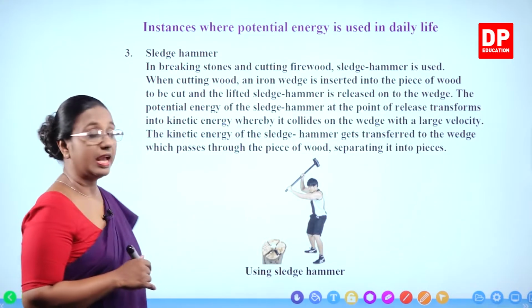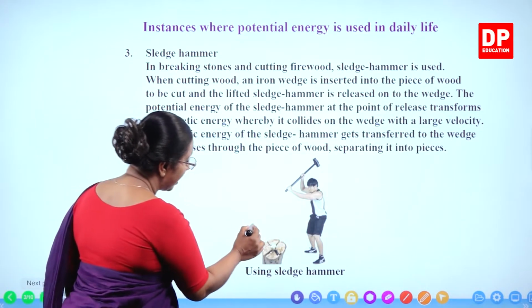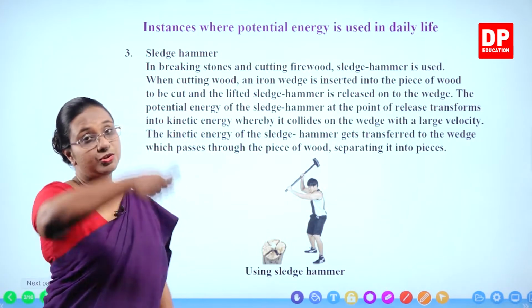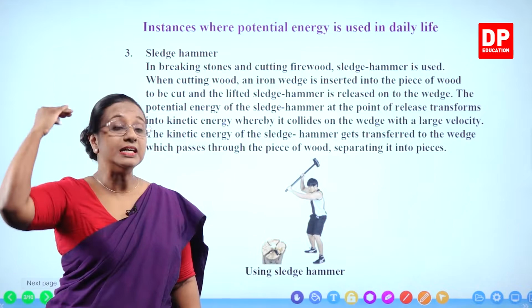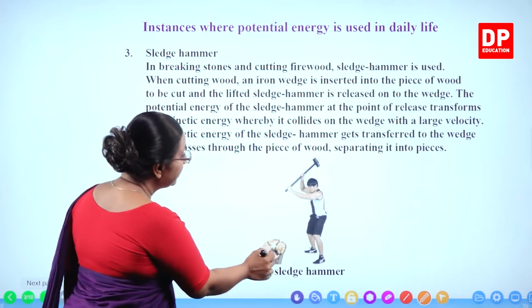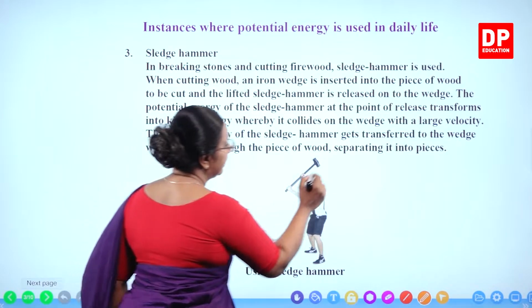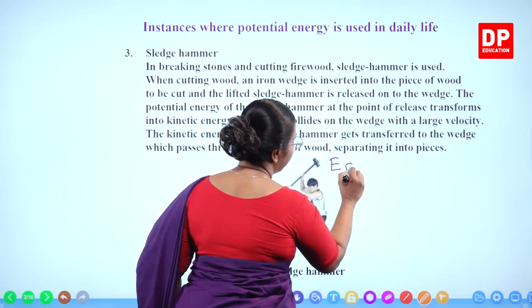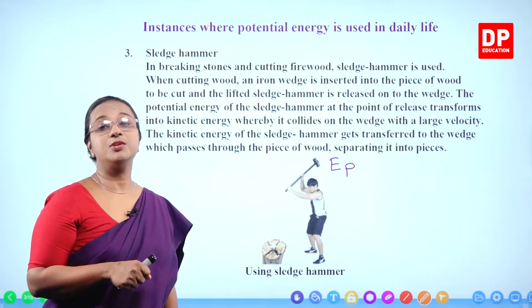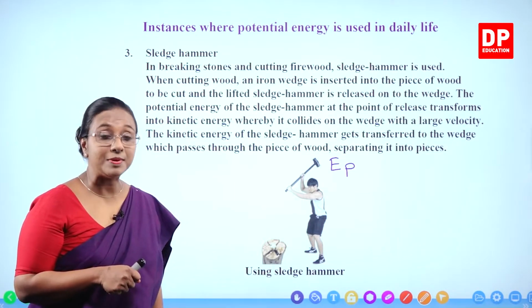So, that splits the log into smaller splints. And when they do that, what do they do? Now, the sledgehammer is here. They raise it to a height, usually above their head. When it is raised to a height, it gains potential energy. And when it is hammered onto the wedge, what will happen?